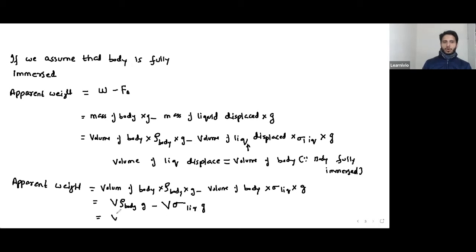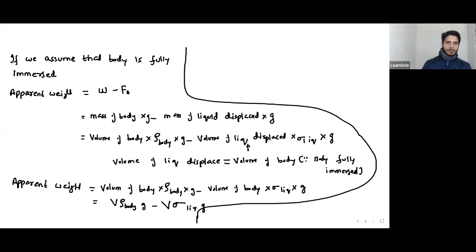Now I'm taking the whole V density of body into G as common. When you take all these terms as common, this is 1, and here you are left with sigma liquid by density of body. So this is the apparent weight.